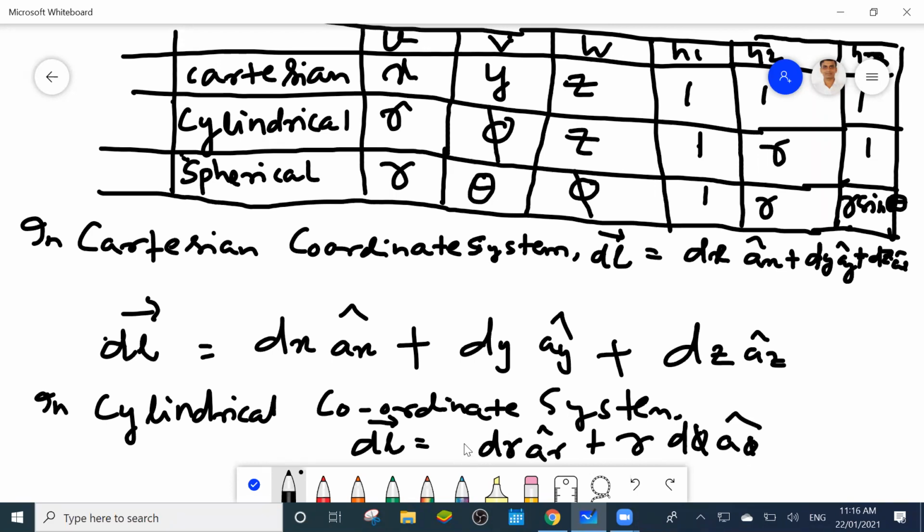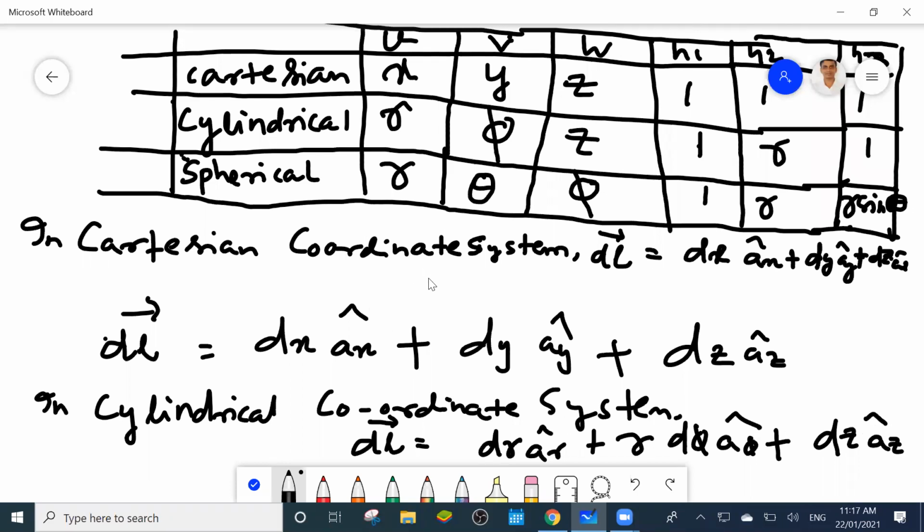In place of du, you write dr, because here it is the cylindrical coordinate system. Then what will be the last one? dz a_z cap. Everyone clear or not?